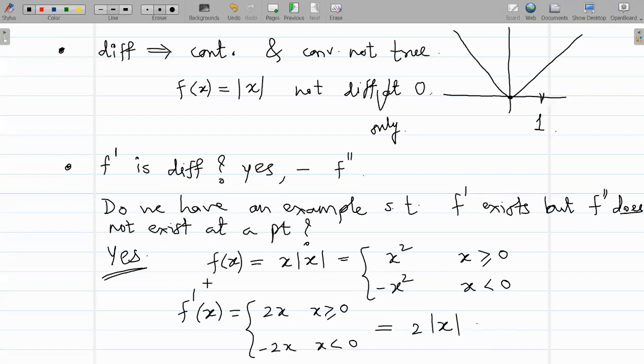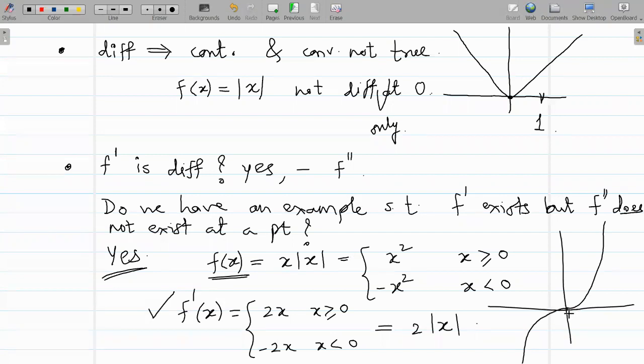So if I look at 0, then this f is differentiable at 0, but not twice differentiable at 0. Because the graph, how will it be? x square and minus x square means it goes like this, and minus x square means it will go like this. So at 0 there is no problem.